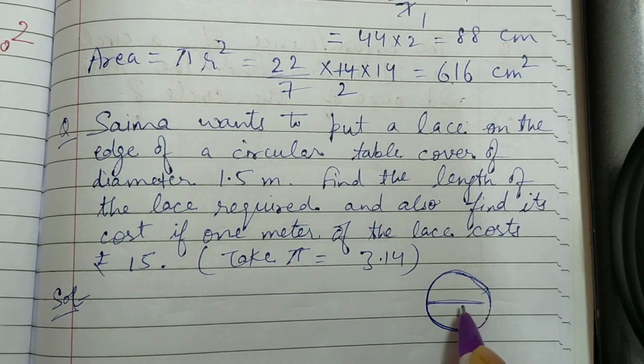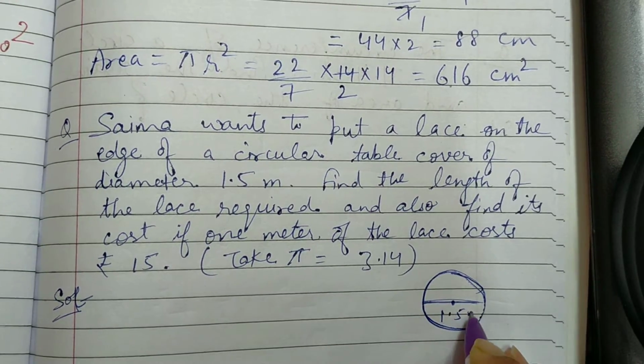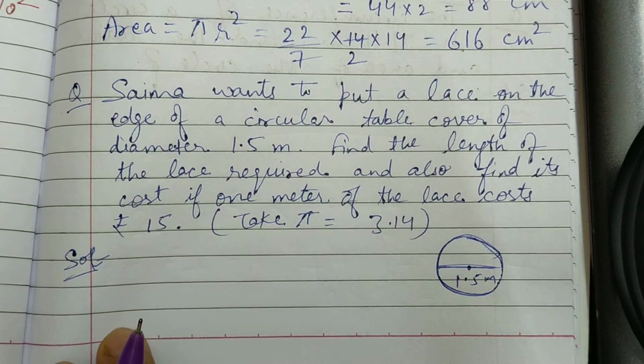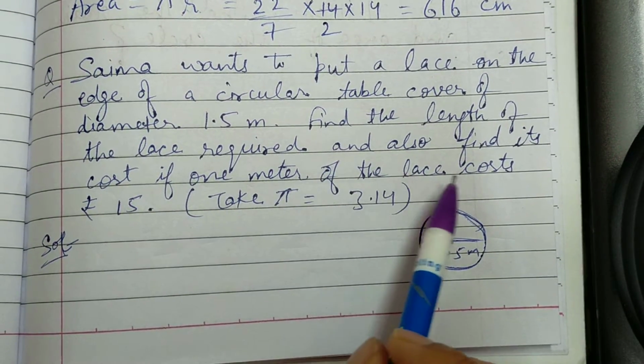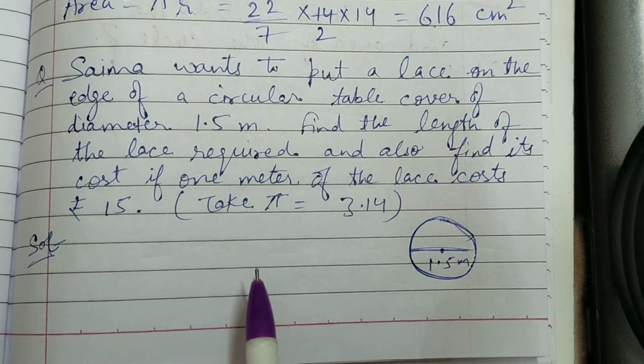In this question diameter is given. This is diameter. Diameter is 1.5 meter. Question is, find the length of the lace required and also find its cost.